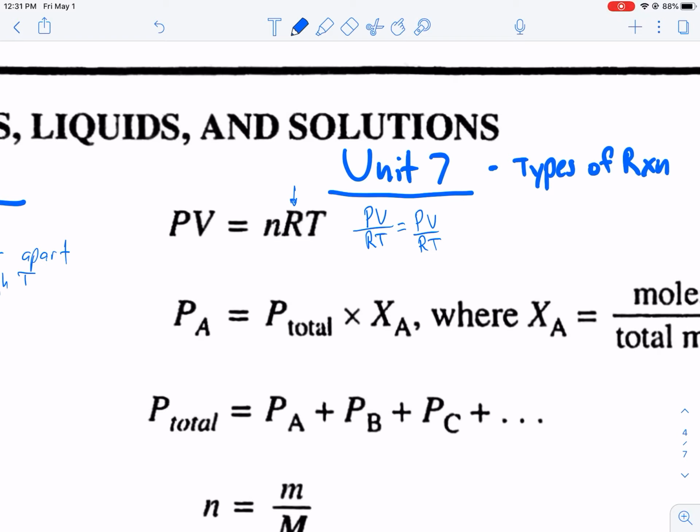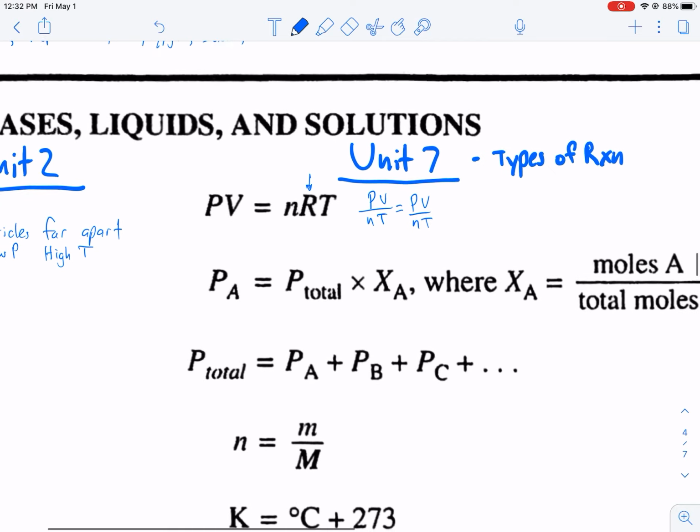That should be nT, and I wrote rT. There we go. So if they're saying the pressure's changing and the temperature's changing and the moles are changing, but they never mention volume, then you would just erase whatever variable is not being used, because it would be held constant.